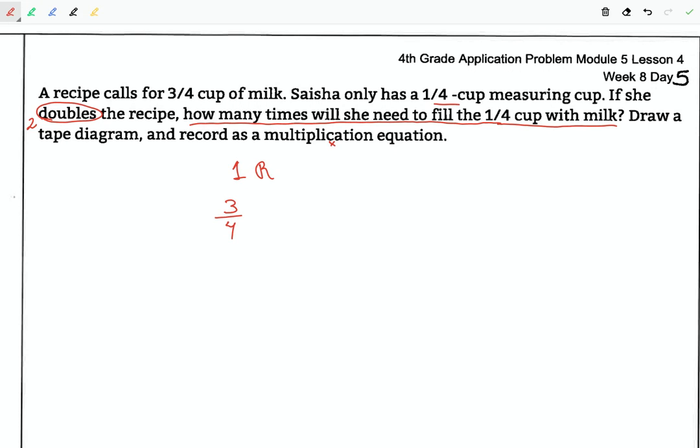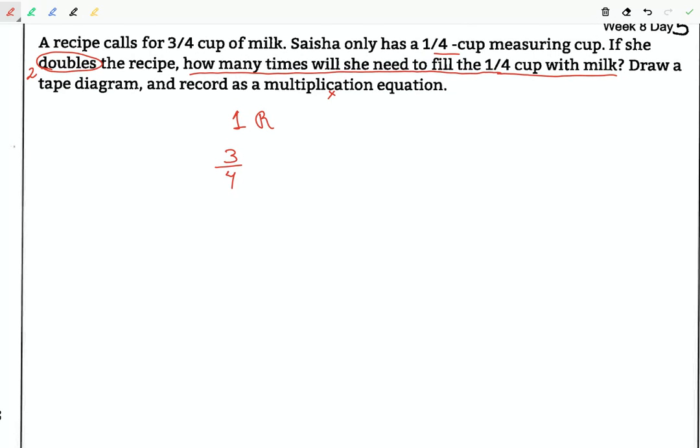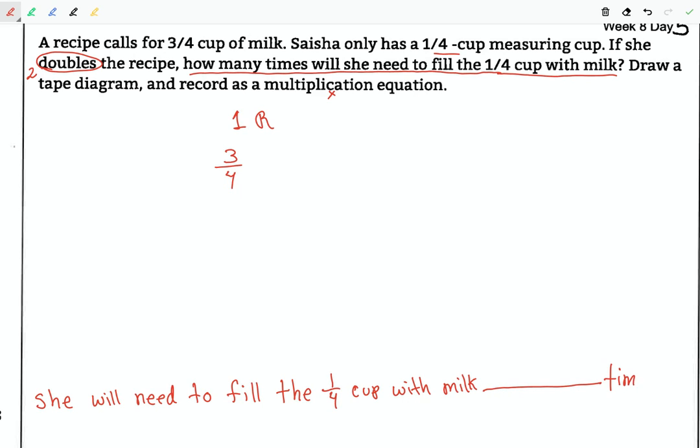All right, so just like how we do in class, let me reread the question and write an answer statement. It says, how many times will she need to fill the 1/4 cup with milk? So she will need to fill the 1/4 cup with milk blank times.